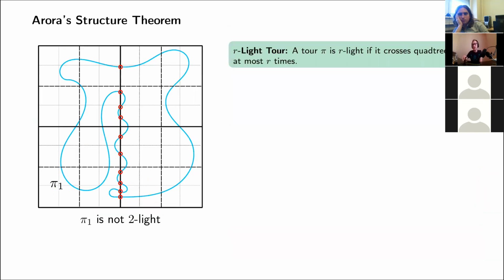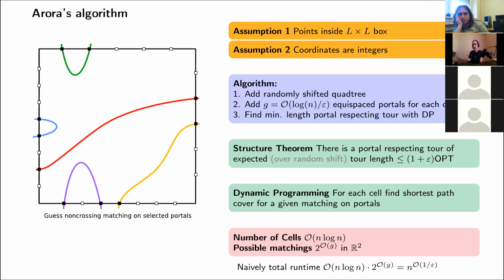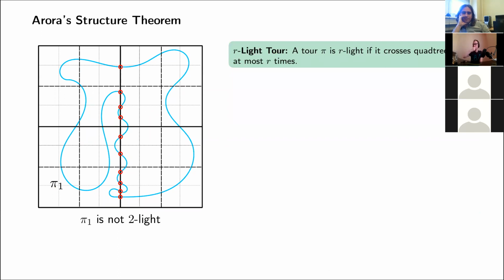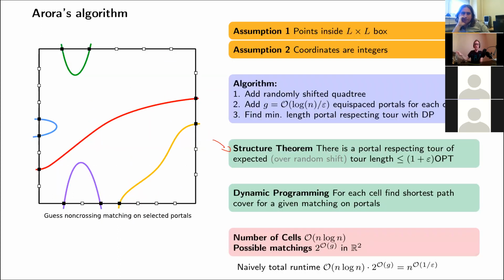So at the end, what we end up with is n log n to the 2 to the g, which is n to the 1 over epsilon time. Okay, this is the classical Arora's algorithm. So now let me prove to you this structure theorem and see how he proves this, just for the sake of completeness. And any questions about Arora's algorithm?